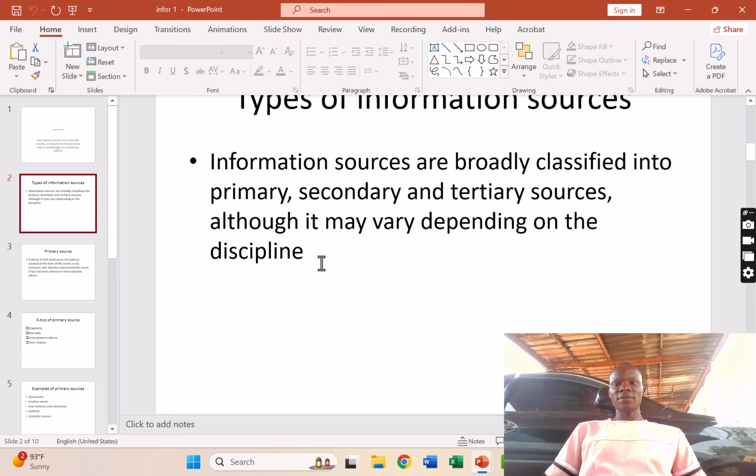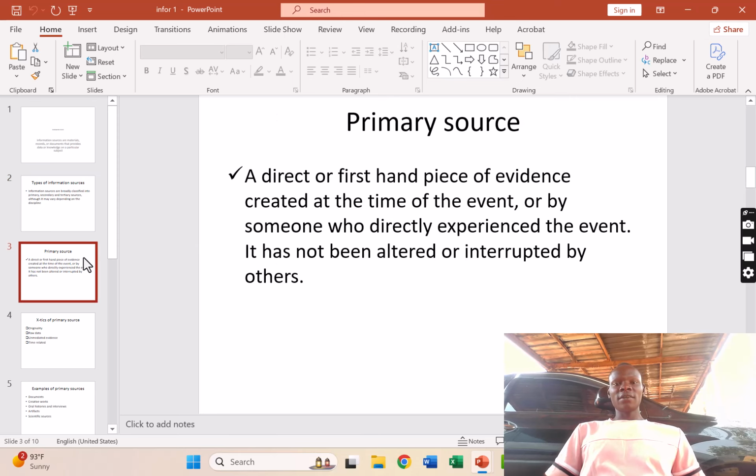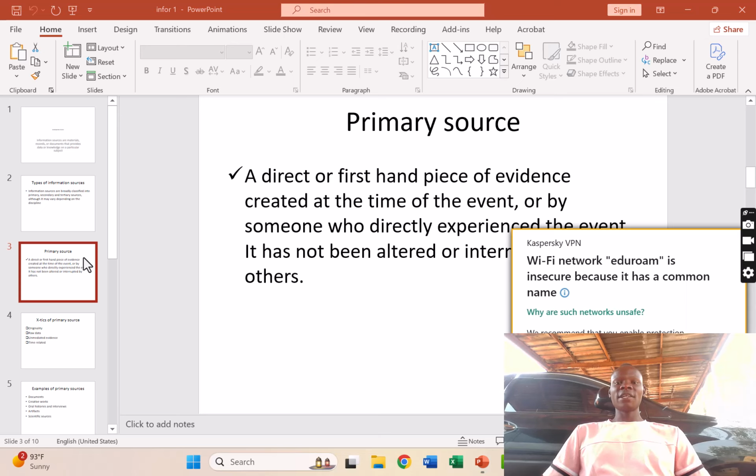One is the primary source. A primary source is a direct or first-hand piece of evidence created at the time of the event or by someone who directly experienced the event.